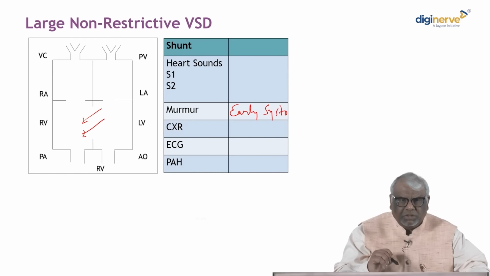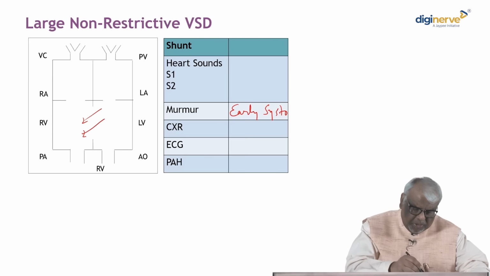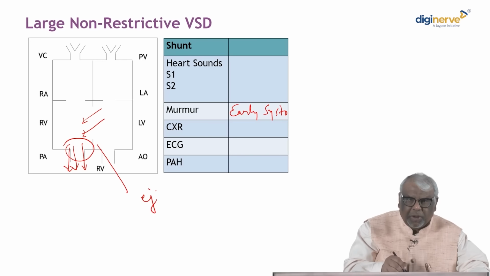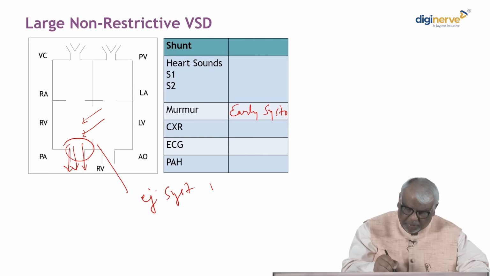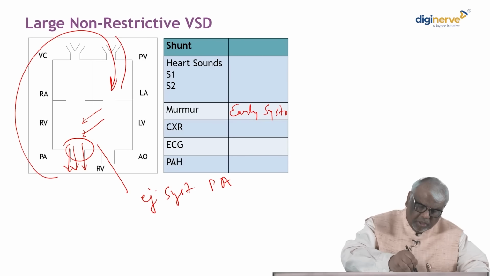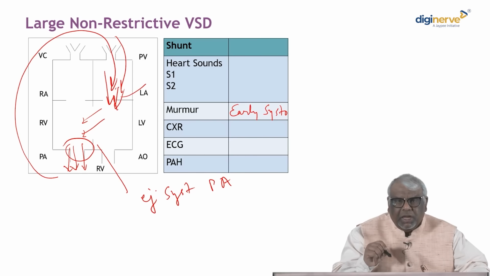Now, come to the large VSD. In a large VSD, the pulmonary vascular resistance is increased, the flow is increased. So, there is a flow murmur at the pulmonary valve, which is an ejection systolic murmur at the pulmonary area, and because of the large flow occurring across the mitral valve, there is a diastolic murmur also occurring in the mitral area.